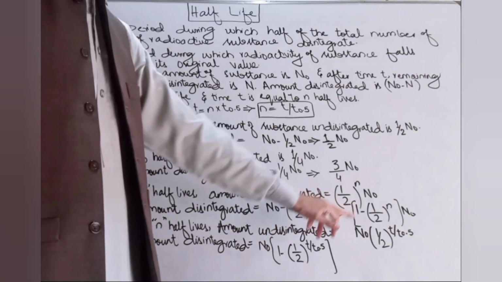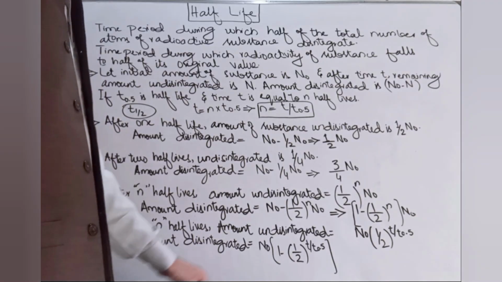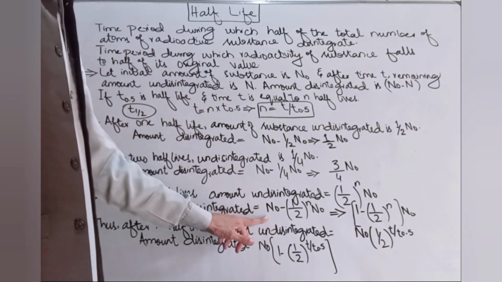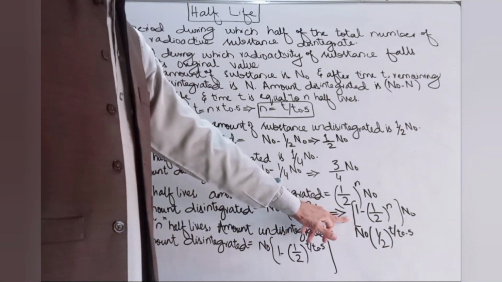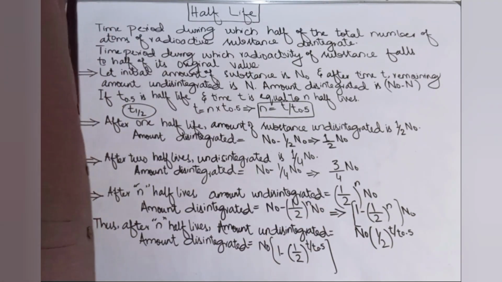We simplify it by taking N0 in common, so it becomes N0 into 1 minus (1/2)^n.